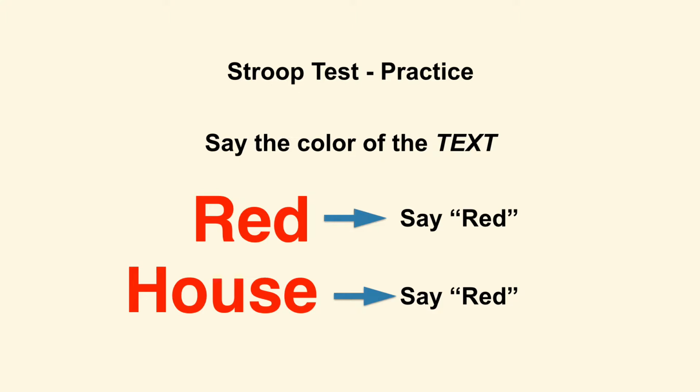So if you see the word red, you say red. If you see the word below it, house, you're still going to say red because the text is in red. So you're going to say the color of the text, not necessarily what the word says.